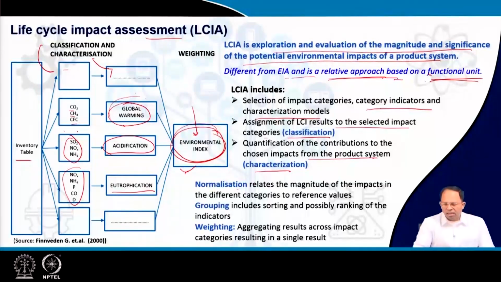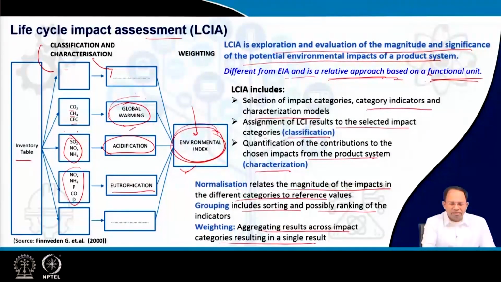Normalization: we have to normalize the results, which relates the magnitude of the impacts in different categories to reference values. So we can take a reference category and then accordingly normalize the entire result. Grouping includes sorting and possibly ranking of the indicators, which is creating the highest problem. Weighting is aggregating results across impact categories, resulting in a single result.